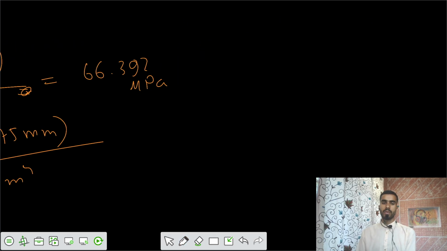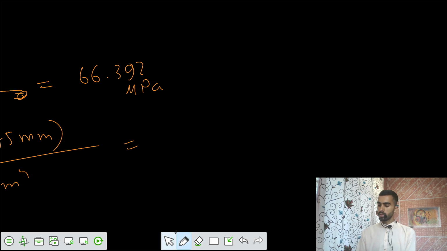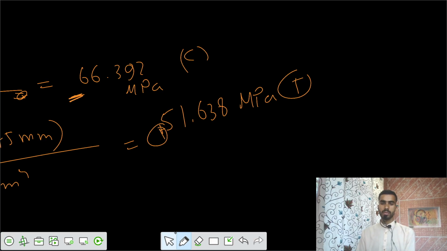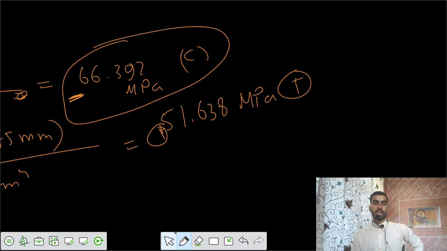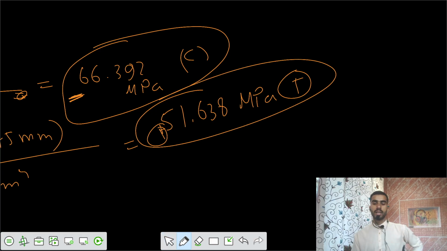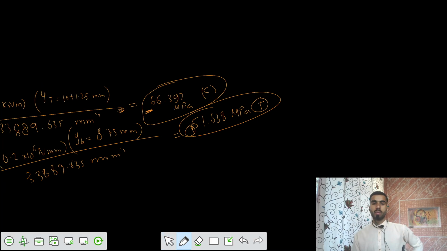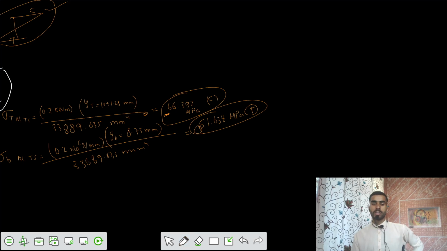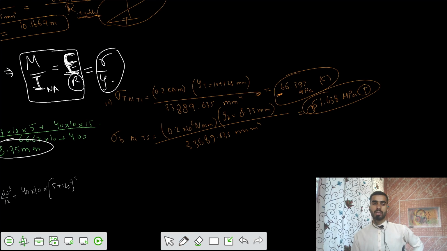So finally you got the stress equal to 51.638 megapascal. Based on the location of the neutral axis, the top stress is compressive and the bottom stress is tensile. But both are for the transformed section, in terms of aluminum.